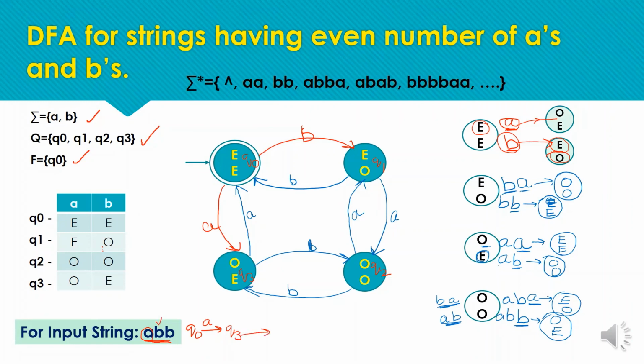For the second symbol B, from Q3 we move to state Q2, and for the third B we move back to state Q3. Now as the input has ended, we have considered all the input symbols of the string, but we are at a non-final state. Q3 is a non-final state over here, so the string is rejected by the machine.